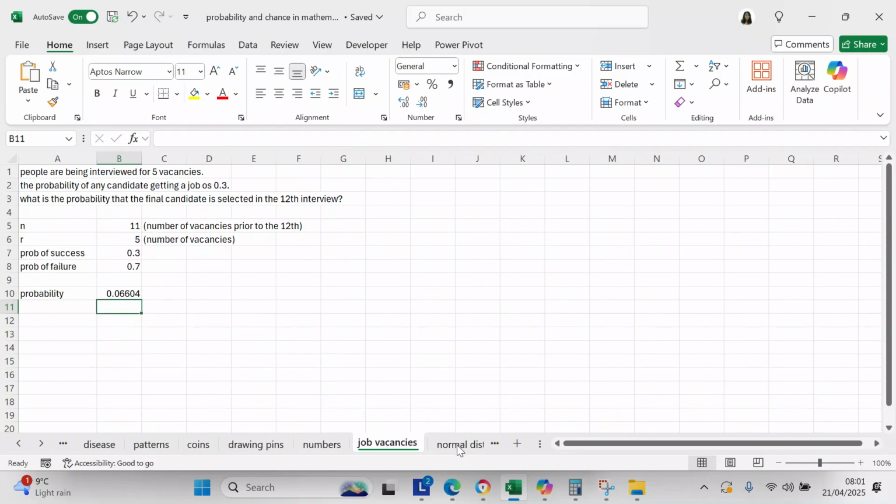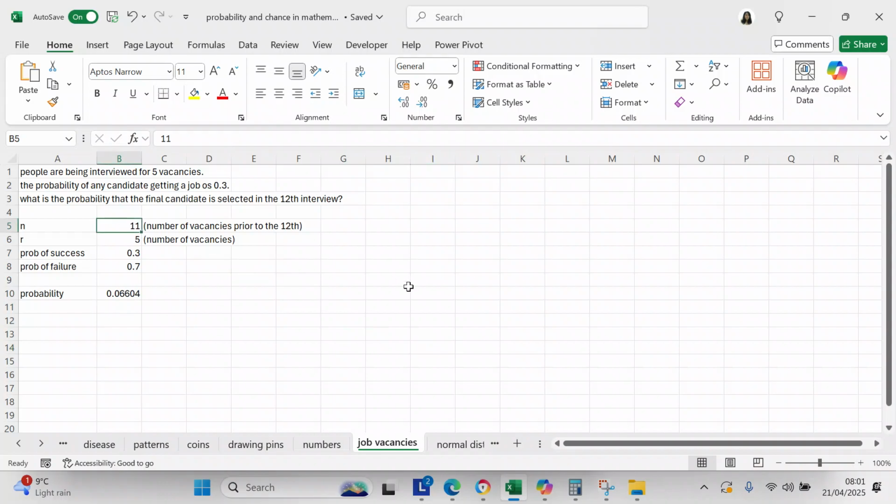So now the question that we're going to be working on is job vacancies. People are interviewing for 5 vacancies. The probability of any candidate getting a job is 0.3. What is the probability that the final candidate is selected for the 12th interview?